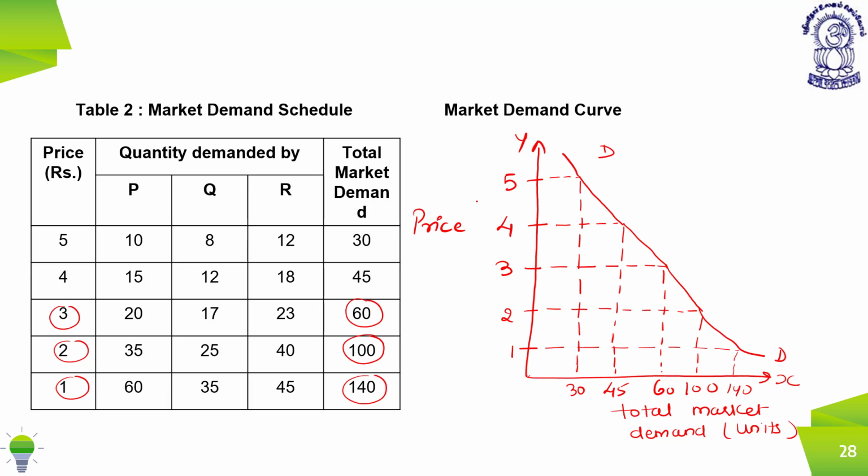If we join all the lines, we'll get the market demand curve. You can also mark the points as A, B, C, D, and at last E. I believe it must be clear to all of you. Price is in terms of rupees, on the axis from the origin.